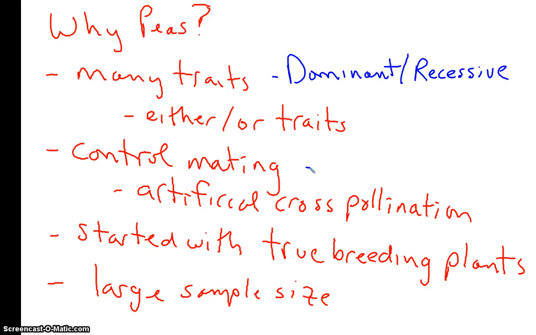And then last, and maybe the most important, is he could get a large sample size in a relatively short amount of time. He could have 2 or 3 generations within a year, plant the seeds, grow them, and go through that process several times and literally get data that was almost overwhelming in terms of the number and the ratios that he was able to develop.